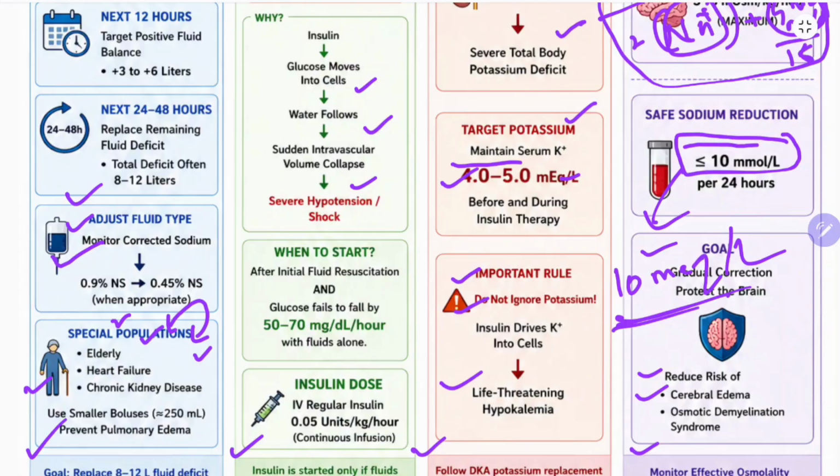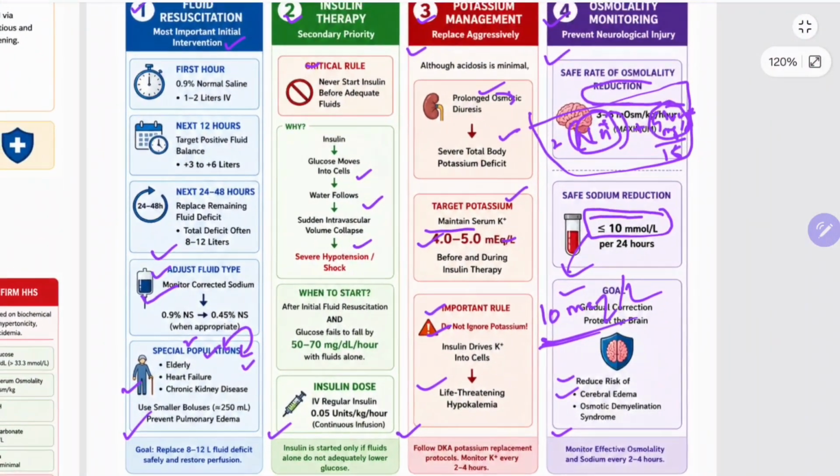Okay, demyelination of the brainstem. So sodium has a very important role in this HHS, and potassium also. Insulin has a secondary role, only when the fluids are not able to decrease the glucose concentration by 50 to 75 milligram per deciliter per hour. That is the only difference.